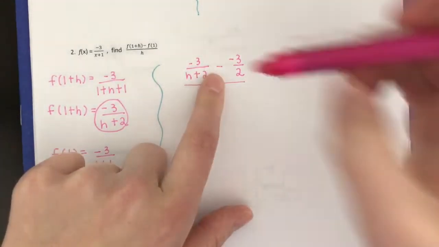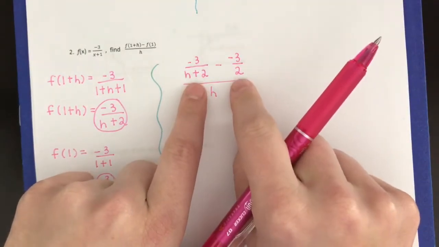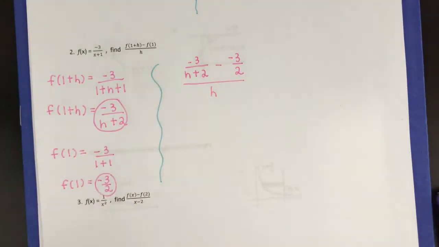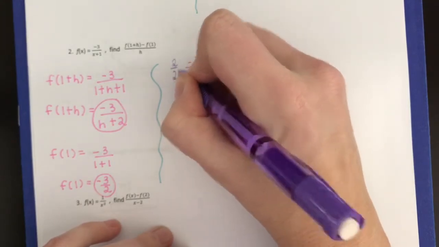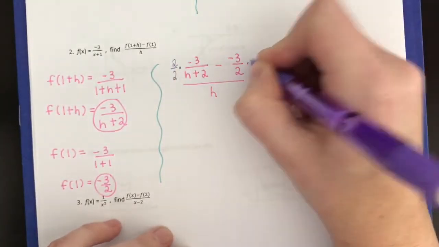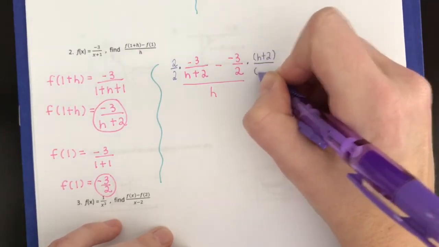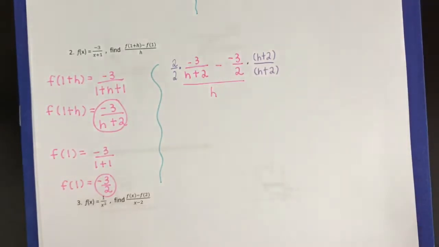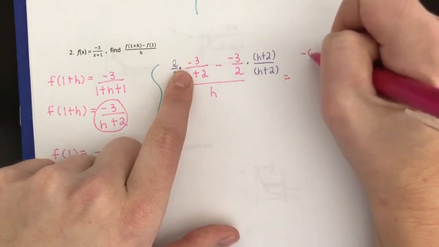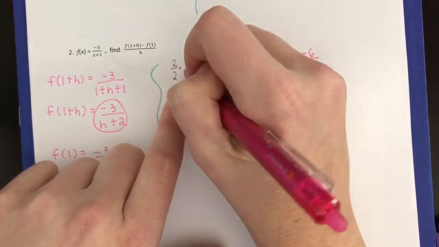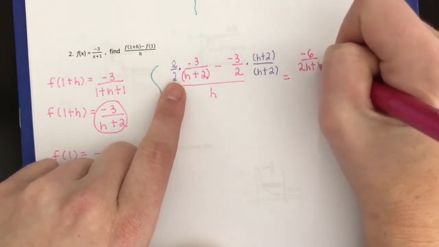So a couple of things. This minus negative is going to turn positive, and here we must get a common denominator. So we need to multiply this fraction by 2 over 2. And we need to multiply this fraction by h plus 2 over h plus 2. So we're going to write on this negative 6 over, remember this is going to distribute, so the 2 will distribute, 2h plus 4.